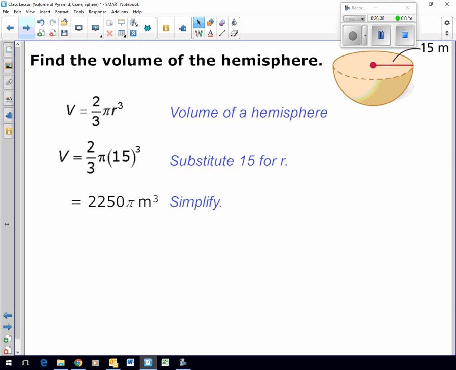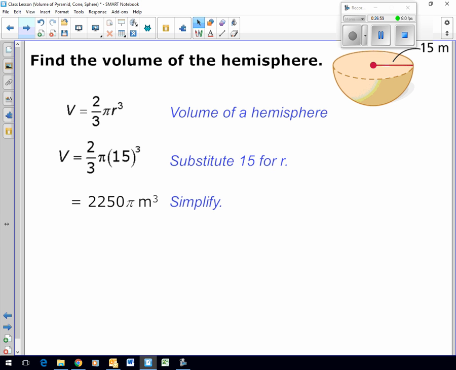Last thing. This says find the volume of a hemisphere. It gives you a whole new question. Don't worry about that. Guys, here's how you find the volume of a hemisphere. Find the volume of the sphere and divide by 2.